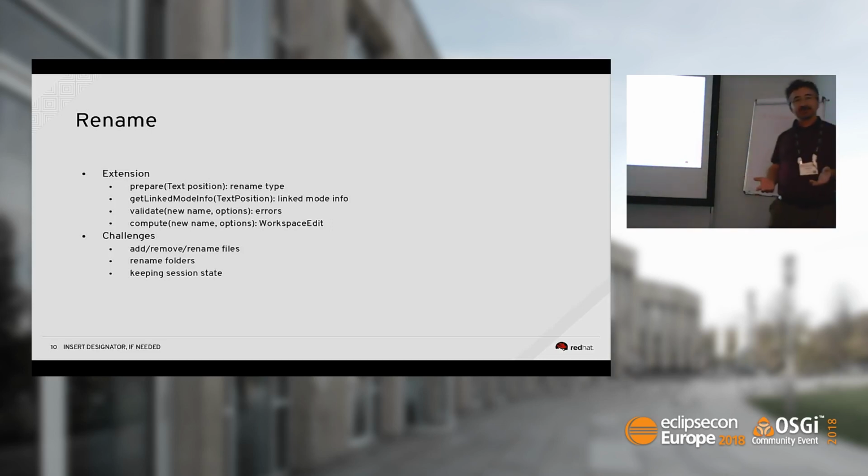The workspace edit is something you might know from LSP, which is a set of changes in a set of files. What we did as an extension was also to allow moves, renames, adds, deletes, structural changes of files, which has now been merged into LSP proper, but it wasn't present when we started.